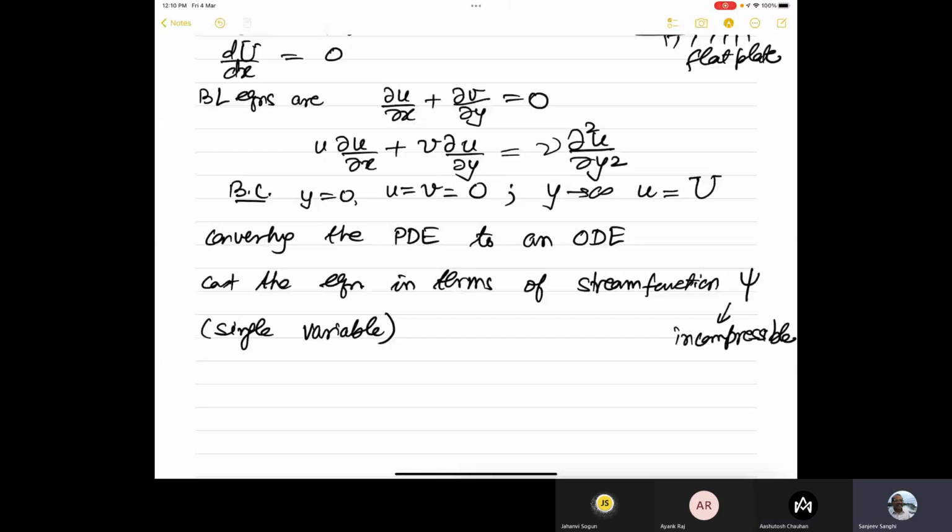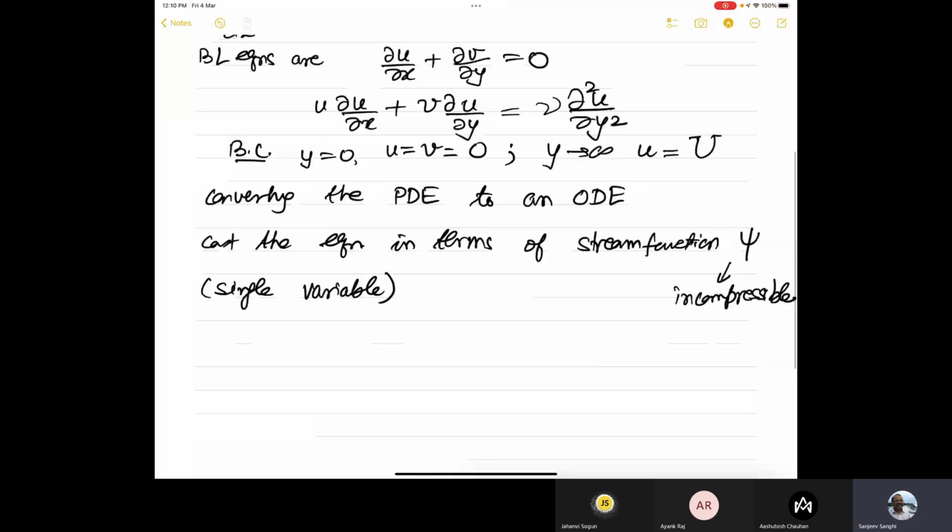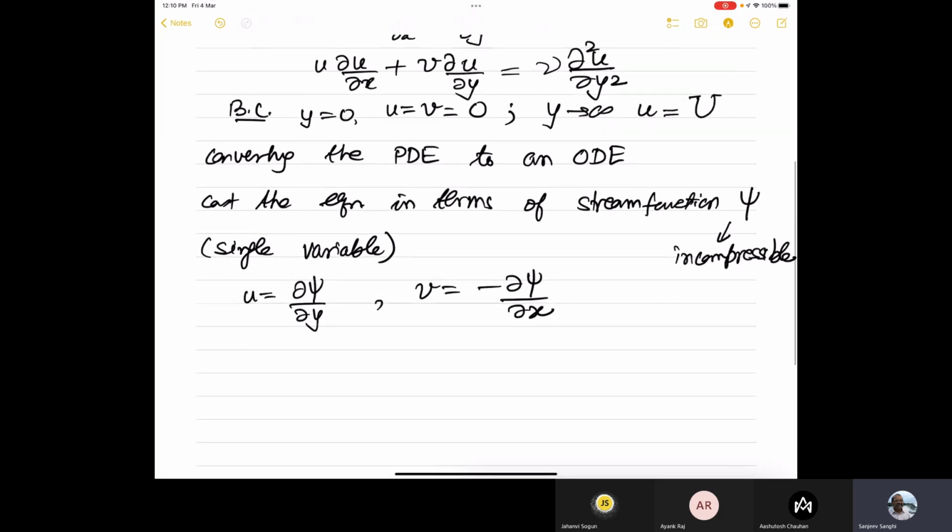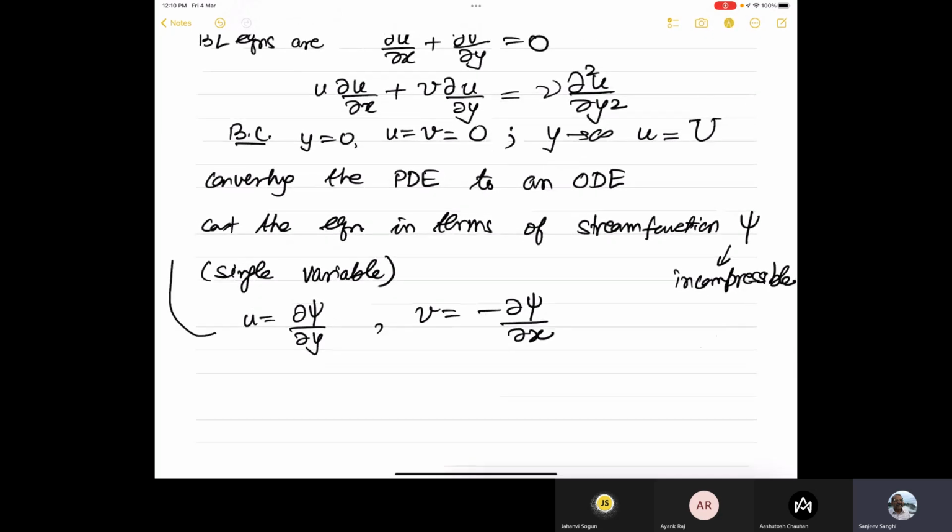When we did incompressible flows, we said if there are only two terms in the continuity equation, you can define a stream function. So here, u is equal to partial psi by partial y, and v is equal to minus partial psi by partial x. We will substitute these into this equation.